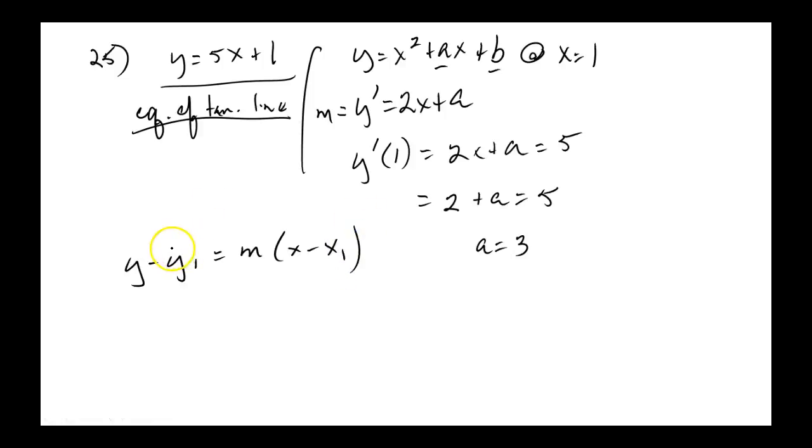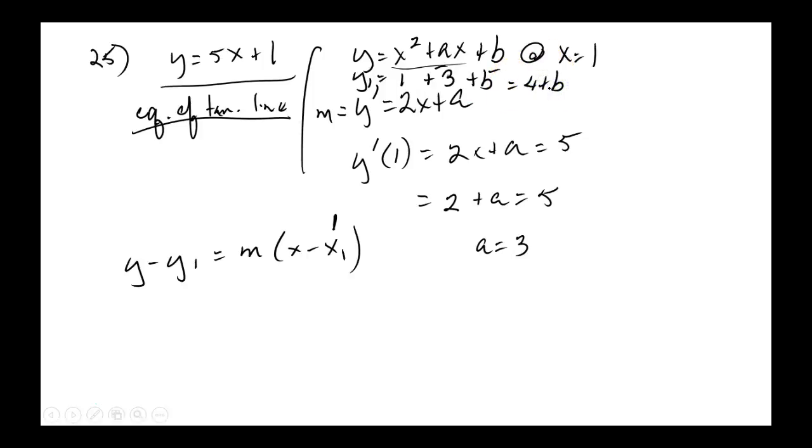Now we know that what we have to do is get y1 and x1. Well, x1 is 1. So y1 would be 1 squared plus 3 times 1 plus b. So that'd be 4 plus b.